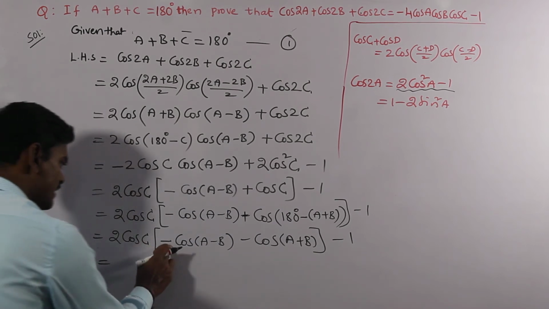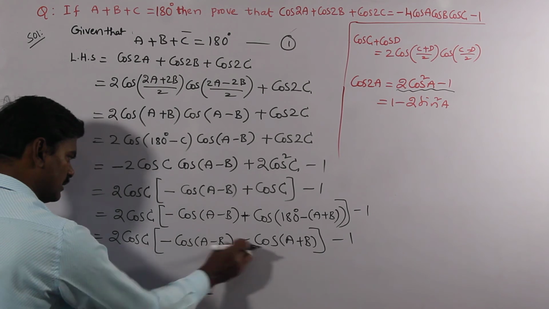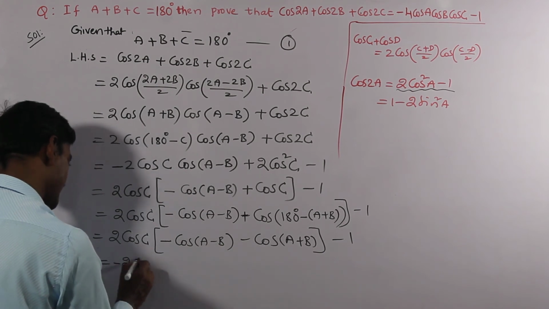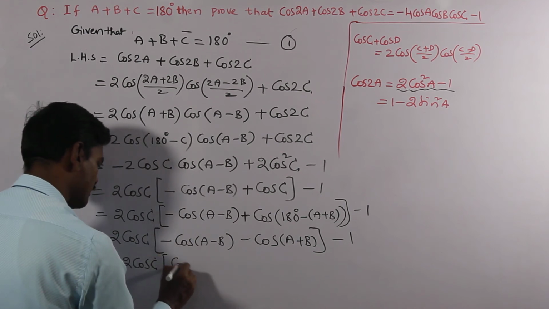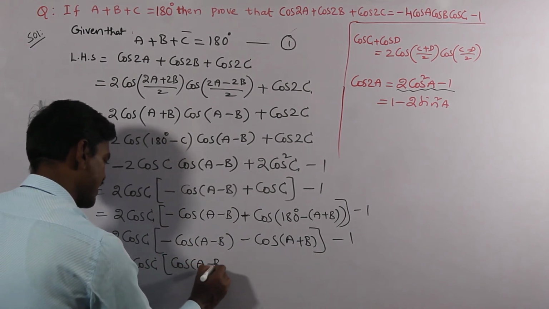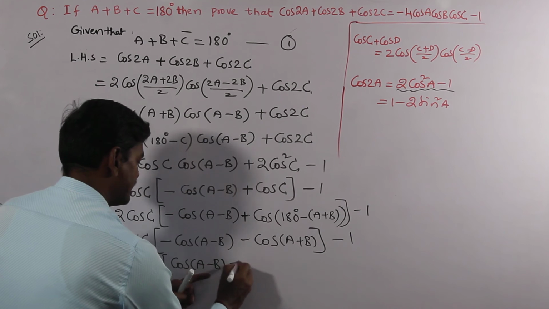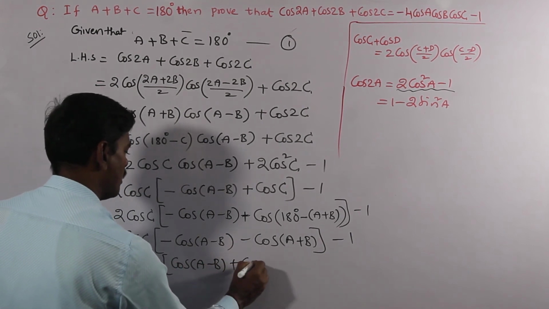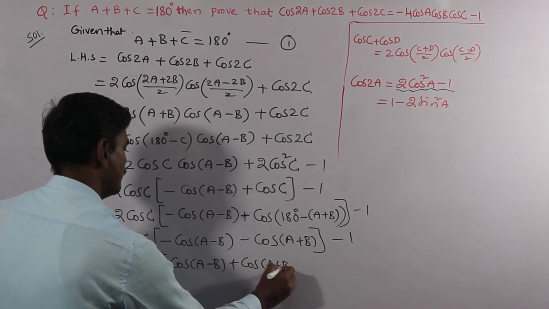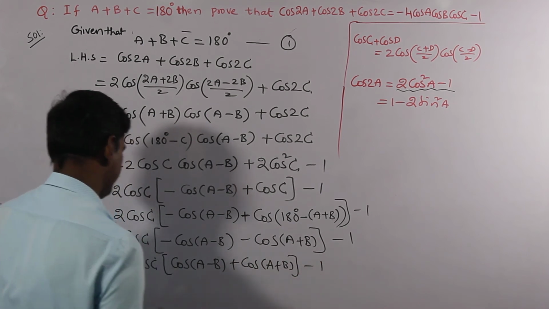Now we can take minus common from both terms: minus 2 cos c into cos of (a minus b) plus cos of (a plus b), minus 1.